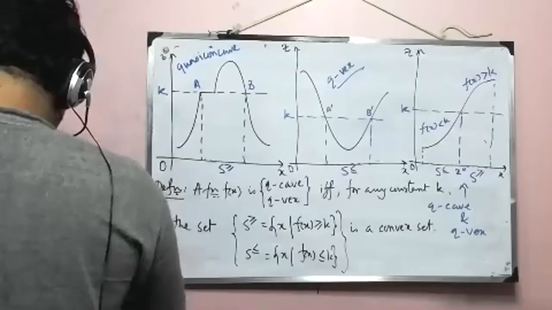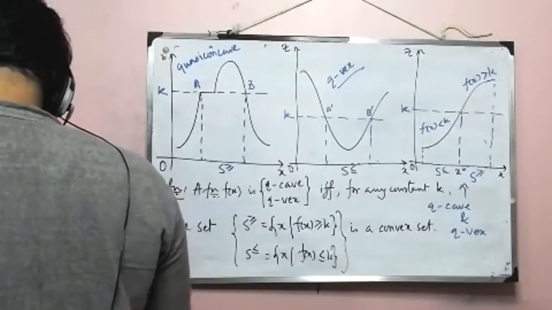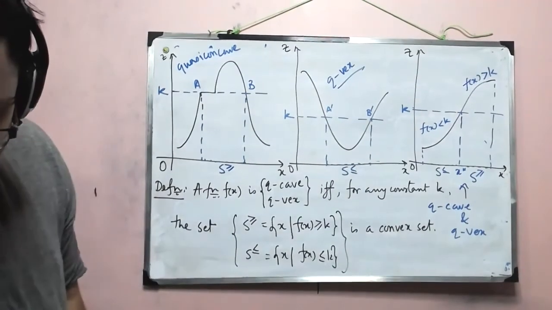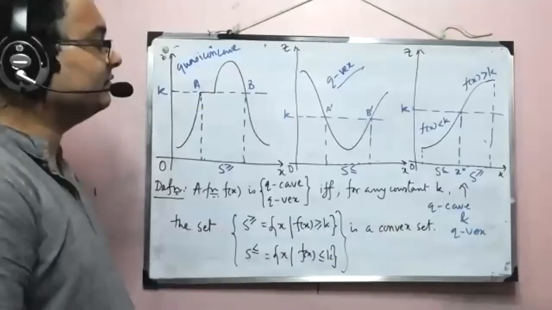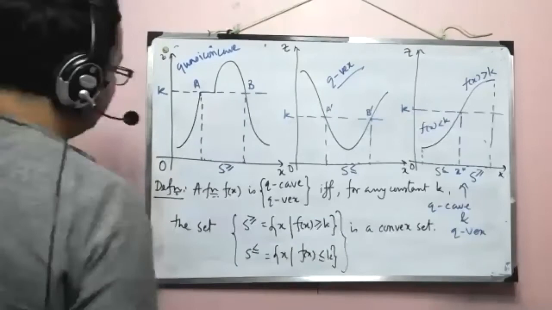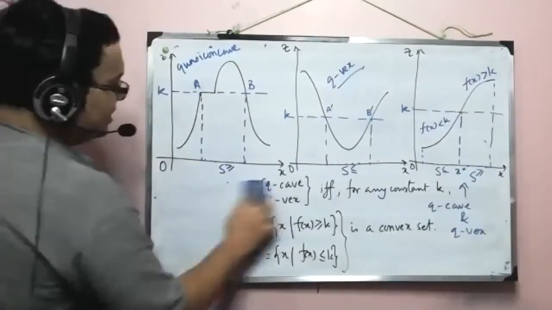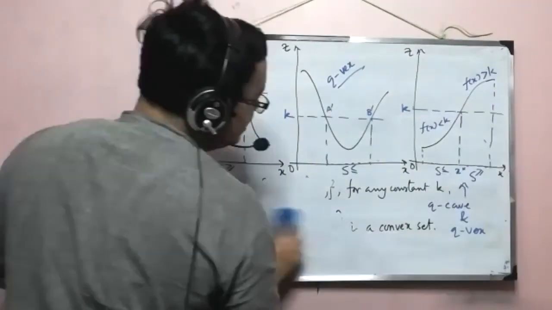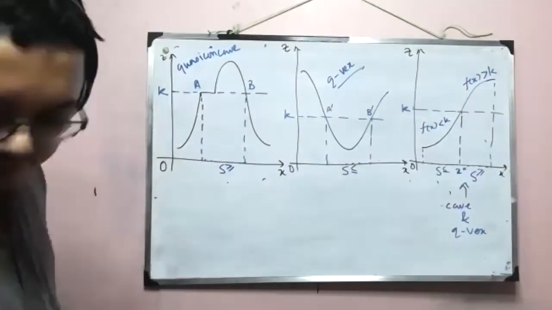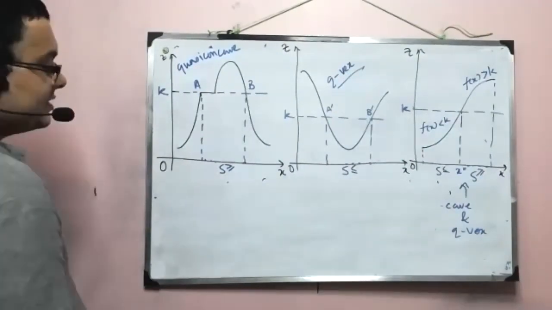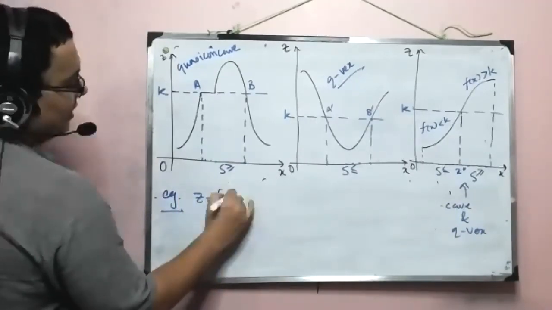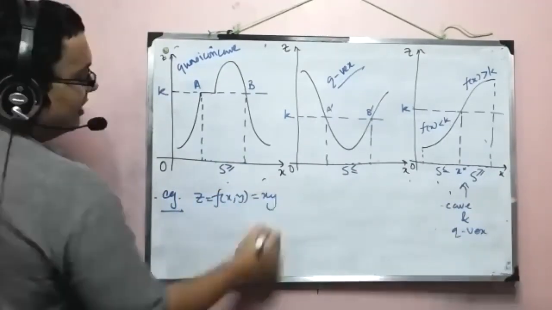Now we will look into two important functions which are decidedly quasi-concave and quasi-convex. They are decidedly so because we have solved the utility maximization problem using these two functions, and we have seen how the results come out. The first function is z equal to f(x, y) equal to xy.